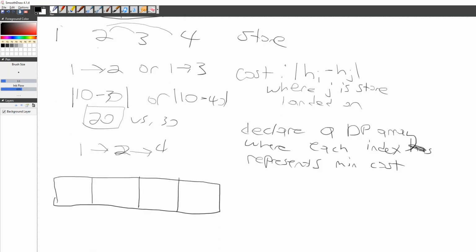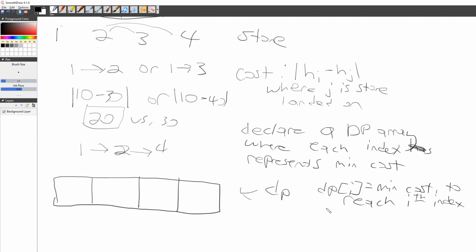so what we're saying is, DP. This is our DP array, by the way. DP sub i equals the minimum cost to reach the ith index.